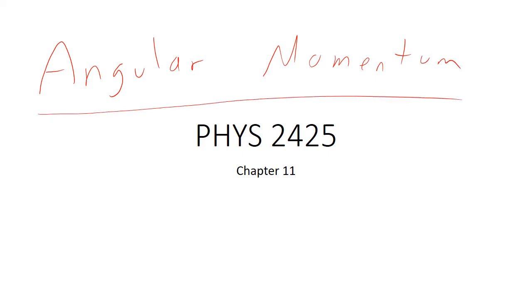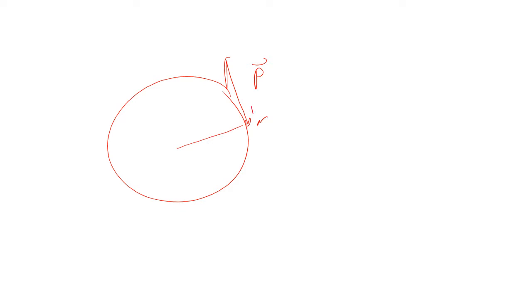We said that if you've got something here and it's going around, you've got some momentum P because it's moving with some velocity V, at R. So we would look at that and say, well, let's look at the angular part here, because we know that the force is dp dt.